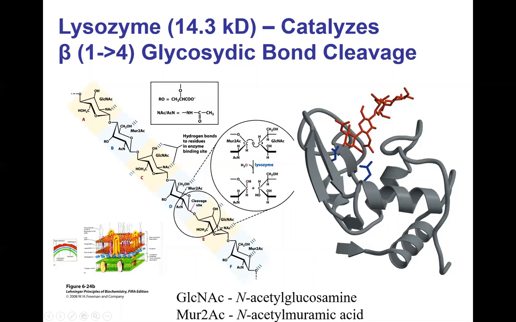So D is right there, in this circle here. You can see muramic acid and glucosamine, right? That 1,4 glycosidic linkage. The lysozyme will catalyze hydrolysis.